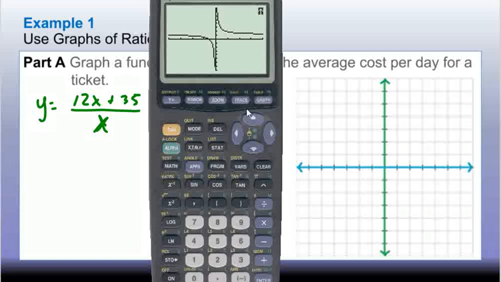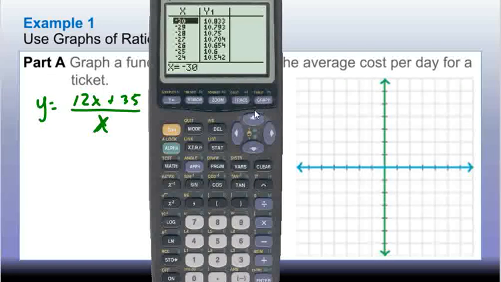Okay, so now second graph, let's look at a table. So our vertical asymptote is at 0, and our horizontal one is at 12. So let me just scroll all the way down here.